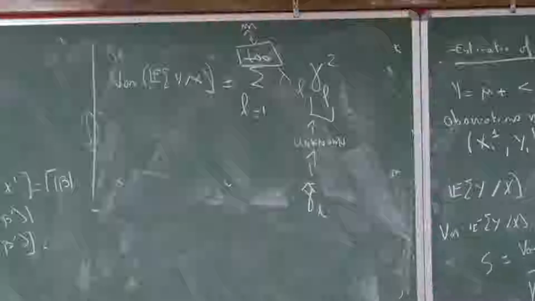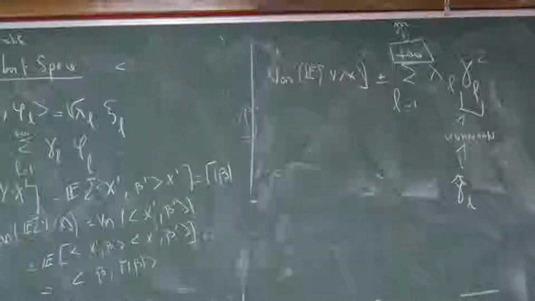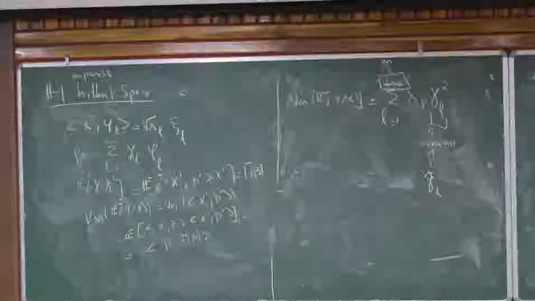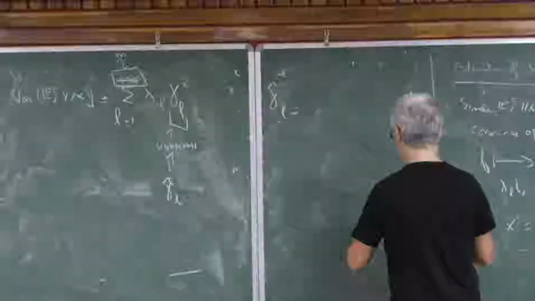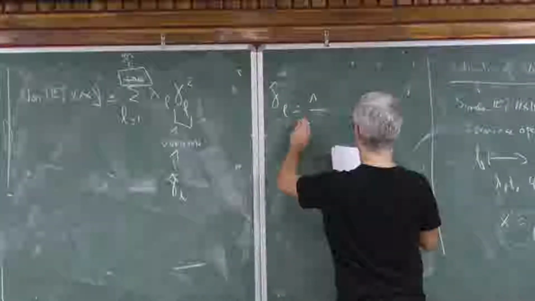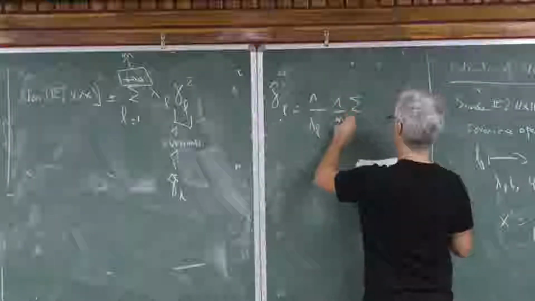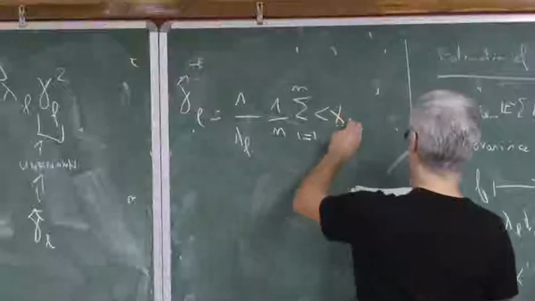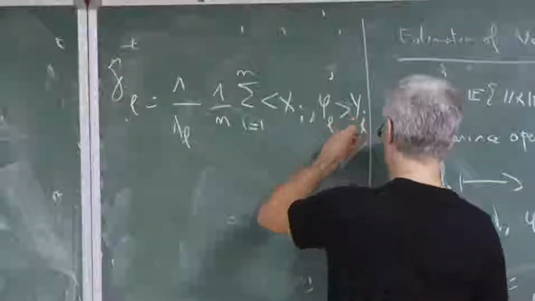So the natural estimator of the gamma is given by, I will just skip the details, but it's not too difficult to see that we can estimate gamma by gamma hat that would be 1 over lambda L, 1 over N, okay.